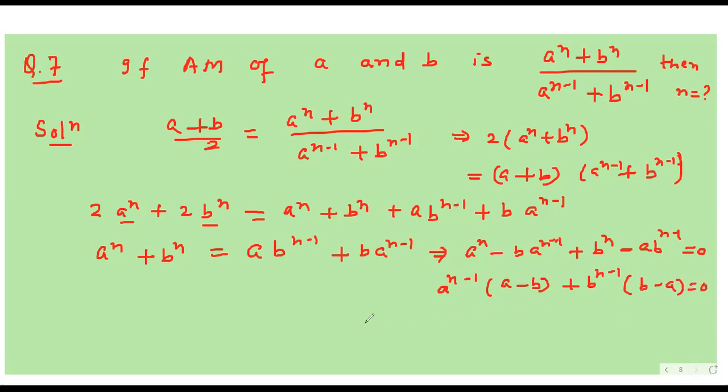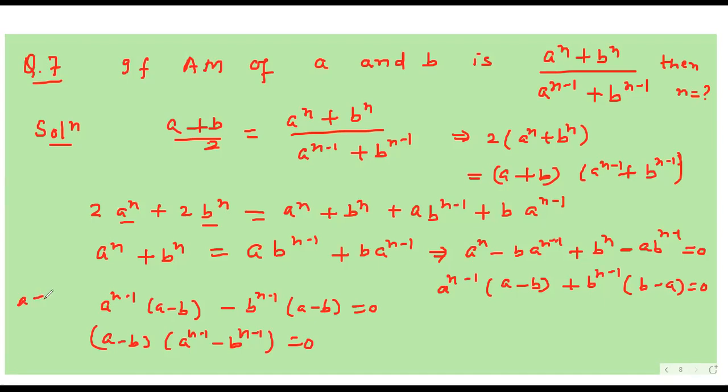Now we can write it as a^(n-1)(a - b) - b^(n-1)(a - b) = 0. So we get two factors, (a - b) and (a^(n-1) - b^(n-1)) equal to 0.